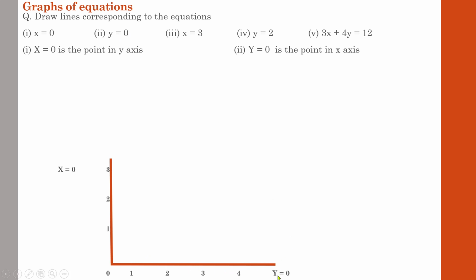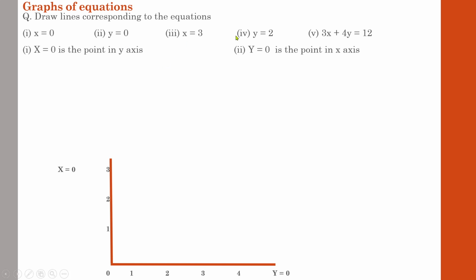You have drawn the x-axis because y equal to 0. And remember, in almost all graphical methods, x equal to 0 and y equal to 0 are given at the beginning, or it is implied that they are there.